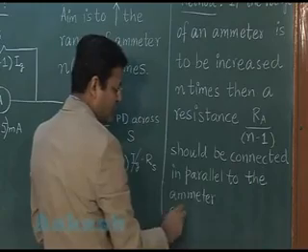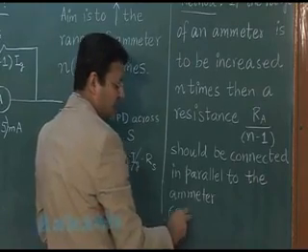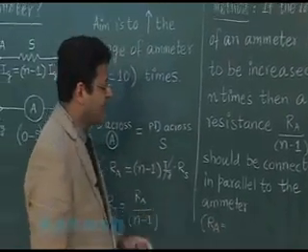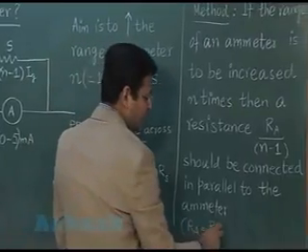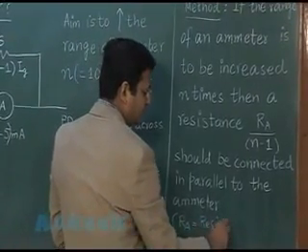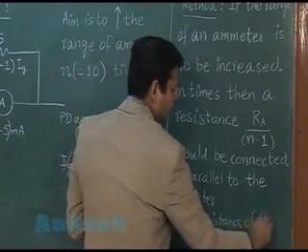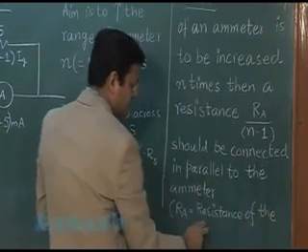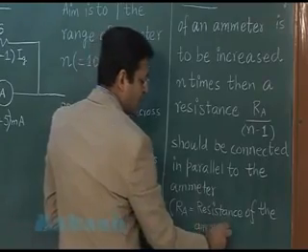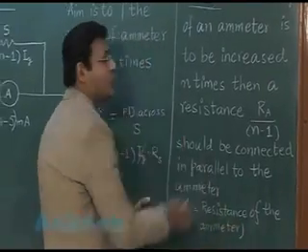Here, for your sake of convenience, I am writing that RA stands for resistance of the ammeter whose range you wanted to increase. Is it clear to you?